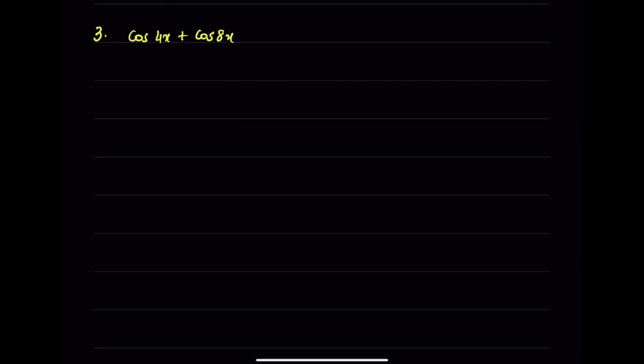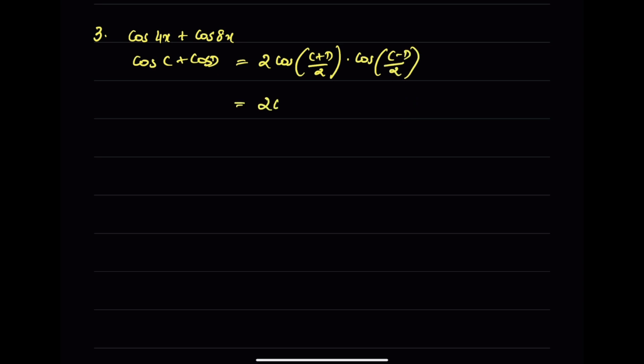For the third one, we have to change this to a product, which is cos C plus cos D. And this is 2 times cos of (C plus D) by 2 multiplied by cos of (C minus D) by 2. So this will be 2 times cos of (4x plus 8x) by 2 times cos of (4x minus 8x) by 2.